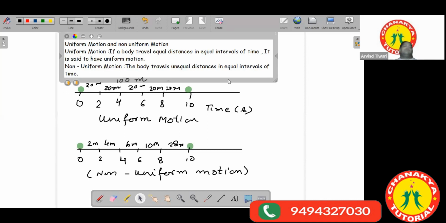Now, if we look at the objects moving around us, where do we find a uniform motion? Can you give me any examples of uniform motion?